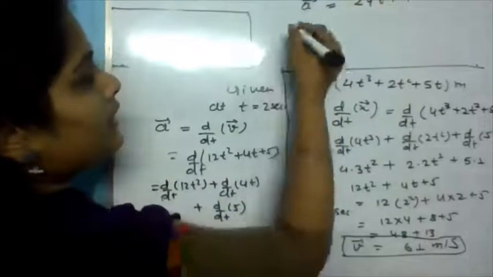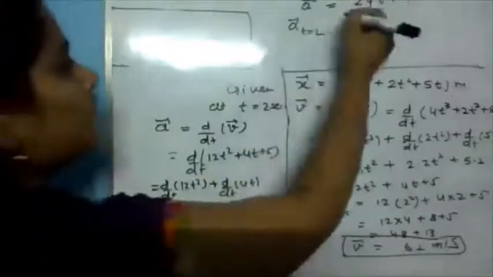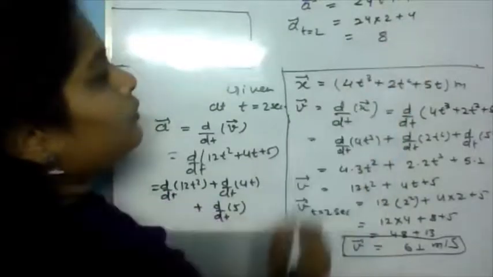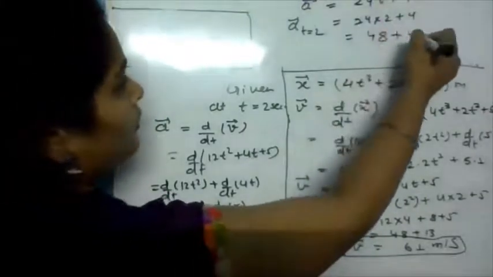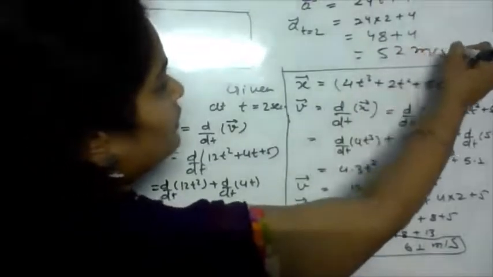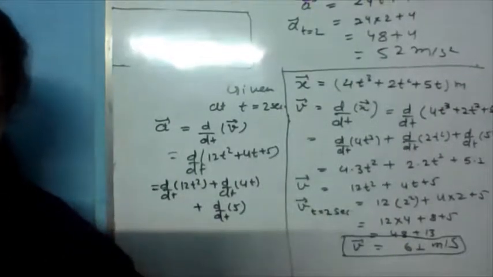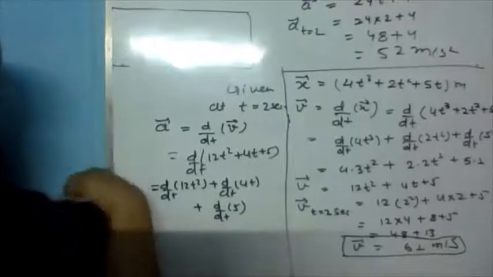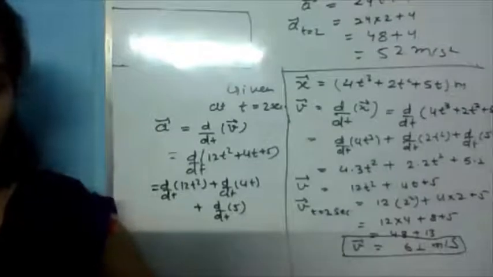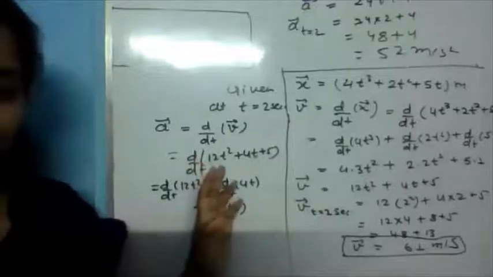This is your acceleration. Now I have to find out acceleration at t equals to 2 seconds. So 24 multiplied by 2, plus 4. So this is your acceleration. Is this clear? I think this is clear now.